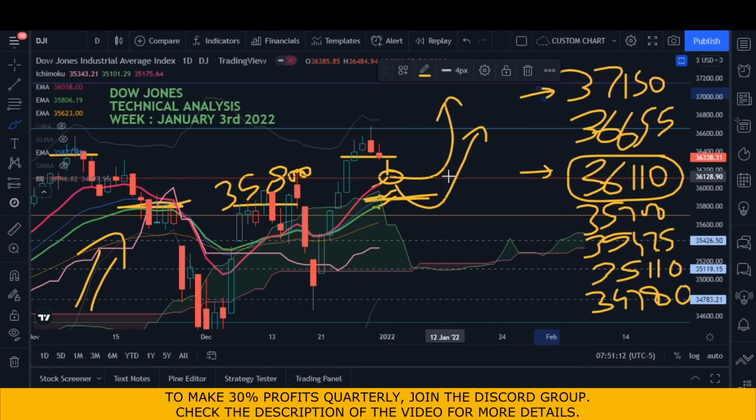Other than that I'm not expecting any other scenario. The rest depends on the news, particularly the COVID news, the Omicron news, the hospitalization and other things. If everything remains normal, then the market is expected to follow this path.